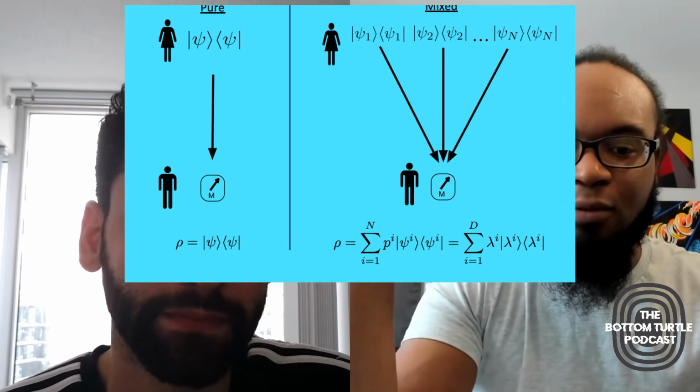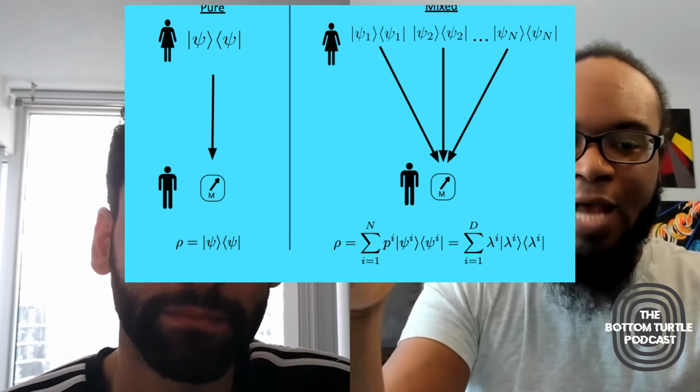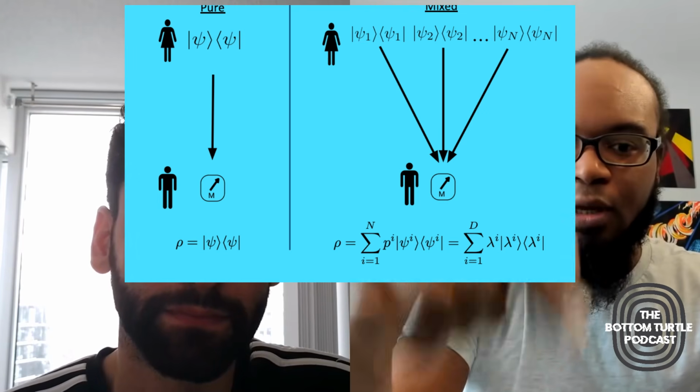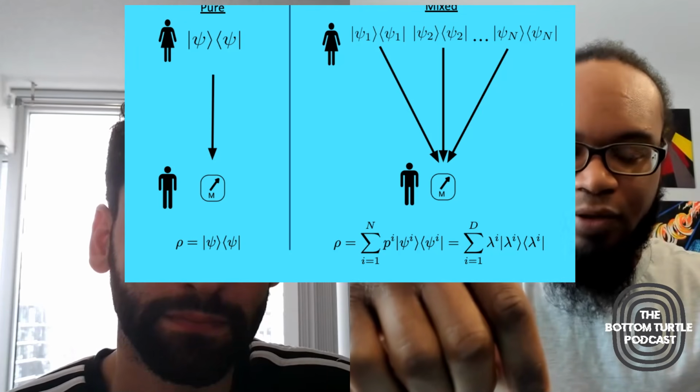In the previous videos, we talk about a mixed state in terms of Alice sending a quantum state to Bob. So in this image, I have Alice at the top, Bob at the bottom, and Alice is sending Bob a quantum state, and Bob is making a measurement of that quantum state.